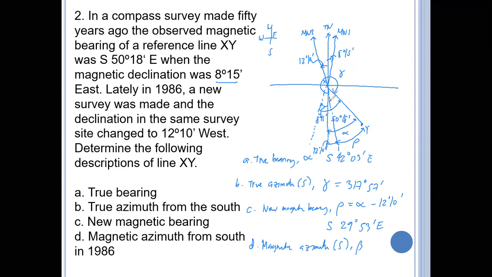From this line, this is our projected line from the second magnetic north, so this represents the magnetic south. So this is beta. So beta is 360 degrees minus the value of rho. So this will give us 330 degrees 07 minutes. Okay.